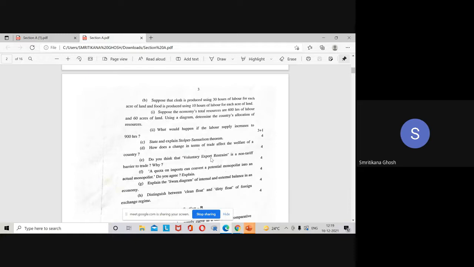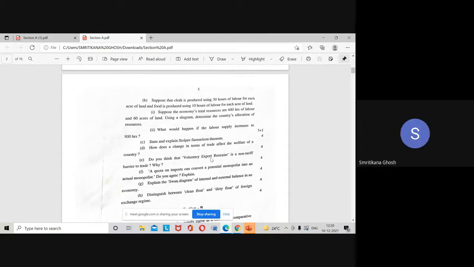Okay, now question C. Yes, ma'am, don't we have to draw a box diagram for this question? Box? Yes, ma'am. How will we denote the allocation of resources in the PPF?